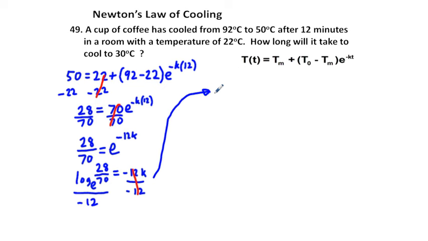So I'm going to say k is equal to ln of 28 70ths, and all that divided by negative 12. So we're going to get our value of k.